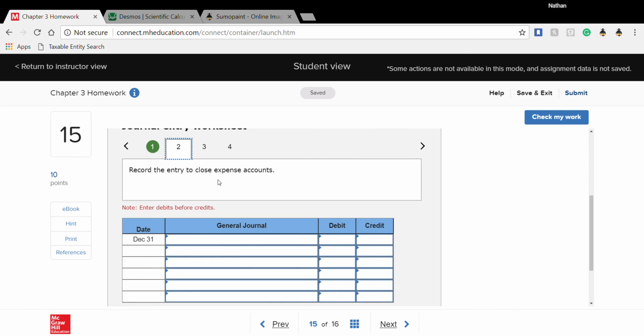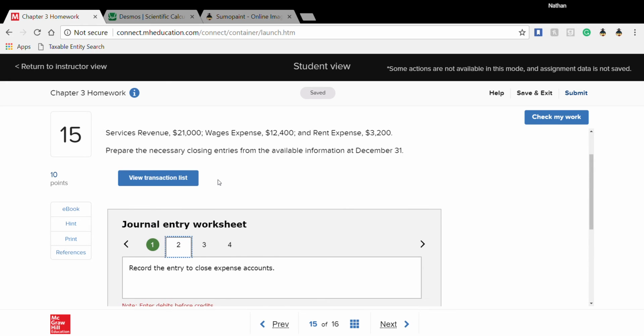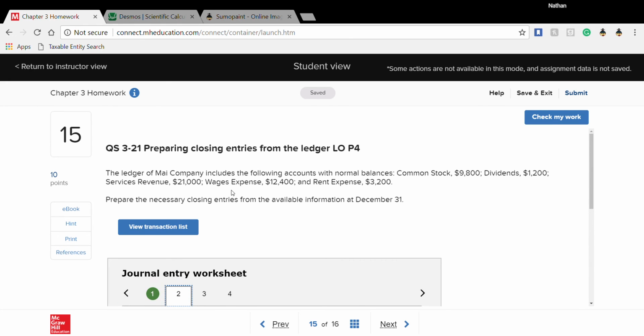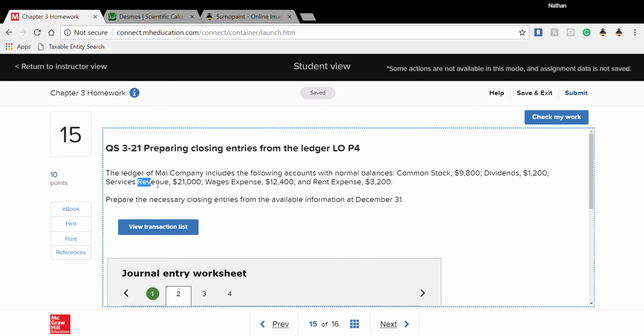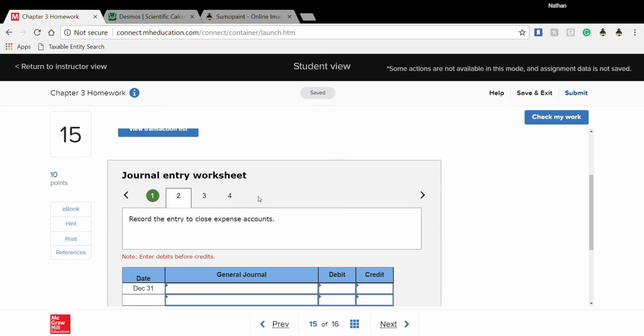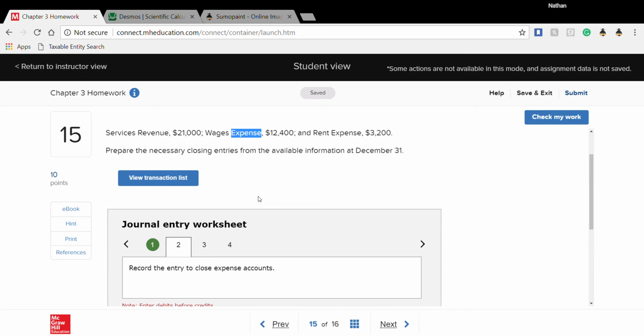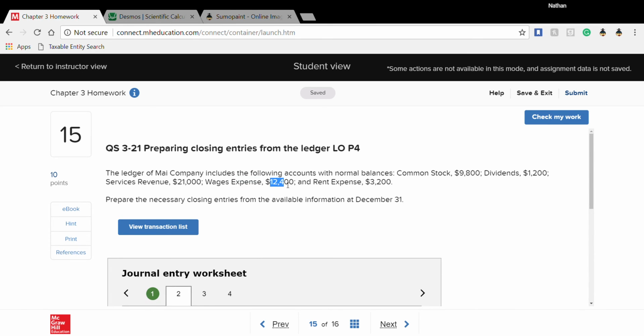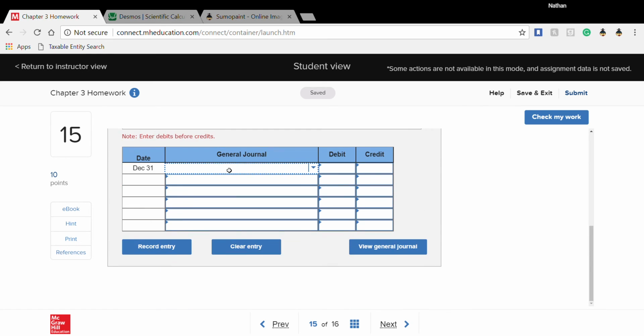So question 2. Now we close out our expense accounts. These say expenses, and it says close out, and so forth. Now again, expenses are naturally debited, so we must credit them. Well, we have to start off with our debit account, at least in our journal entry.